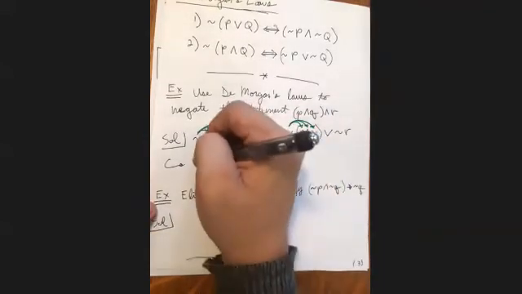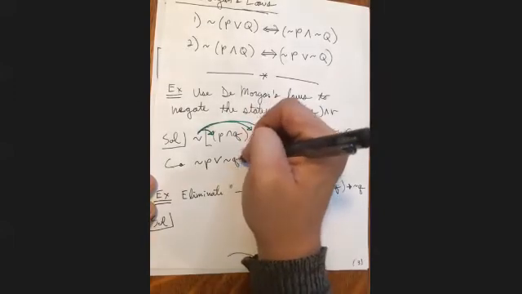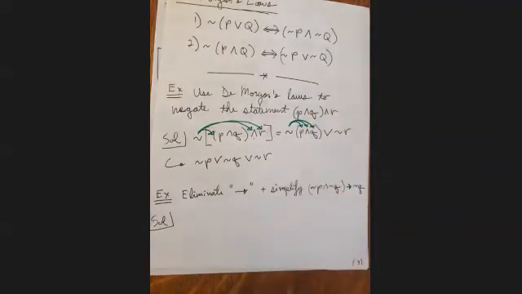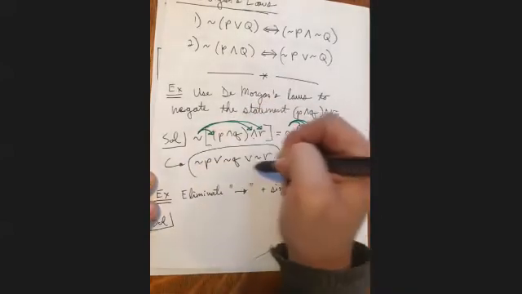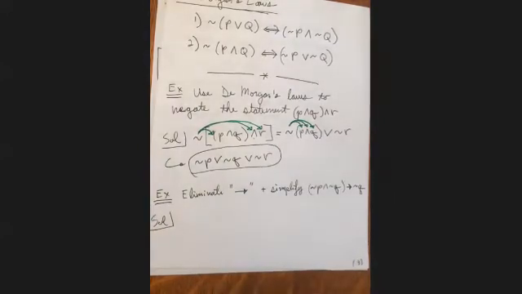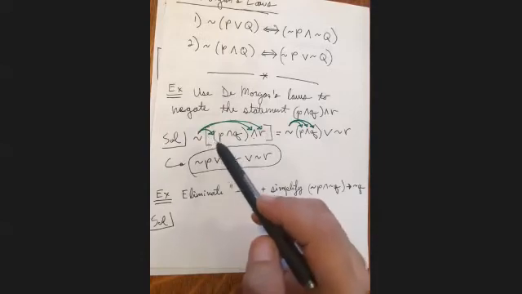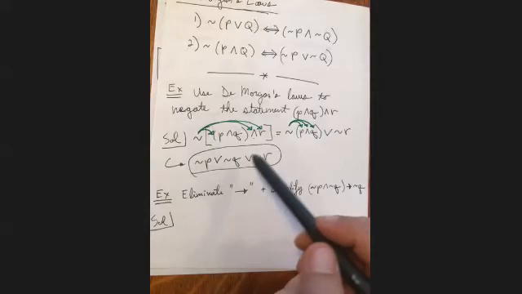It negates the P, it flips the and into an or, and it negates the Q. And then we already had and not R on the outside. So this is the full expanded statement. We see that there's a logical equivalence between negating the statement P and Q or R and not P or not Q and not R.